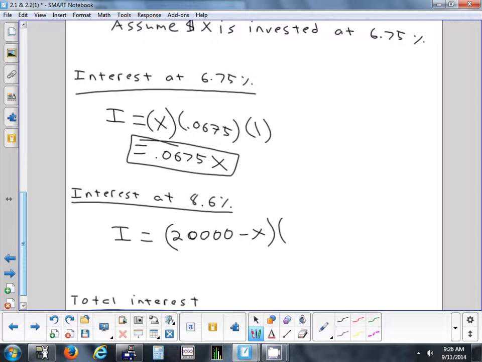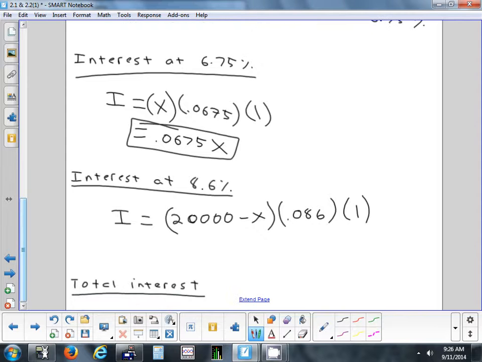What about my rate? 8.6% as a decimal? 0.086 is my rate. And my time, again, it's the same amount of time as we had before, 1.